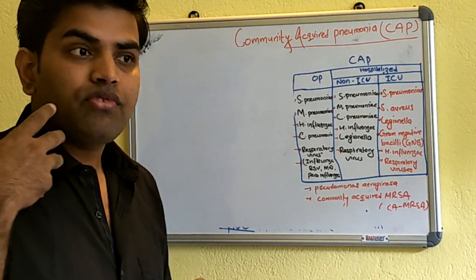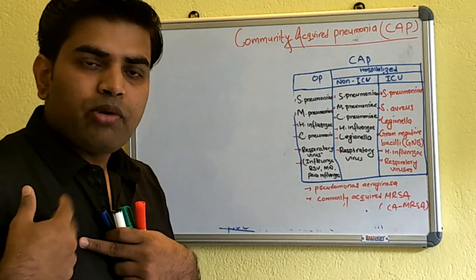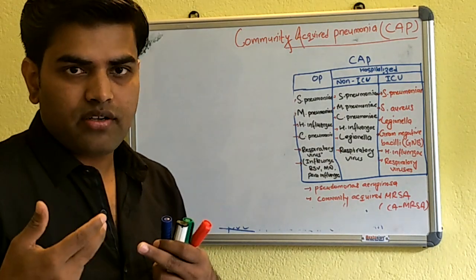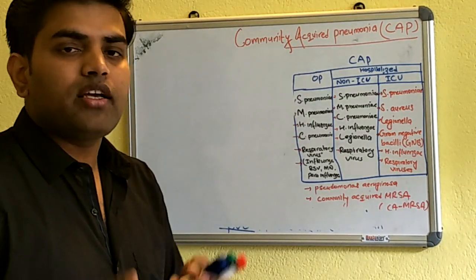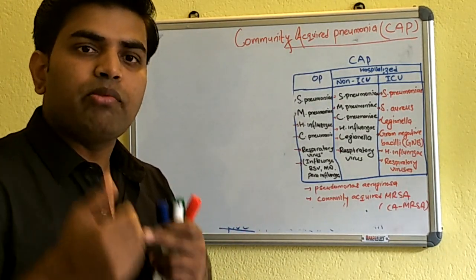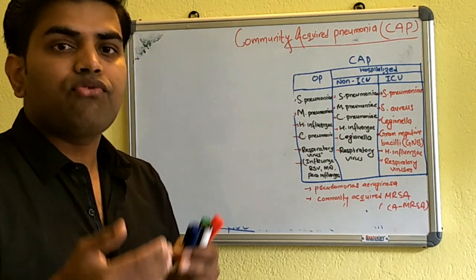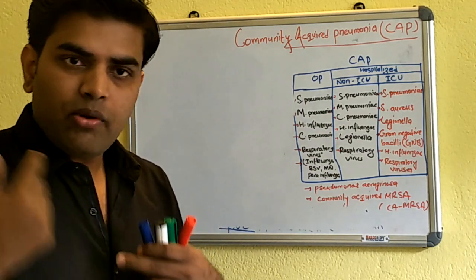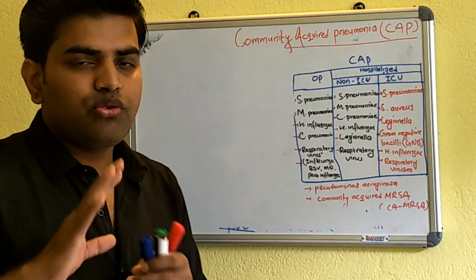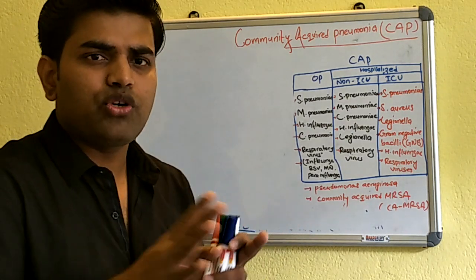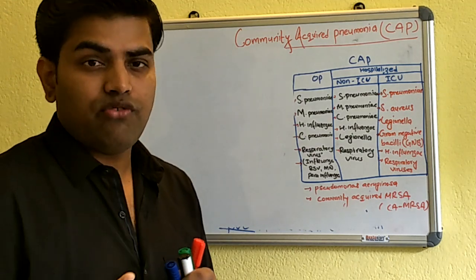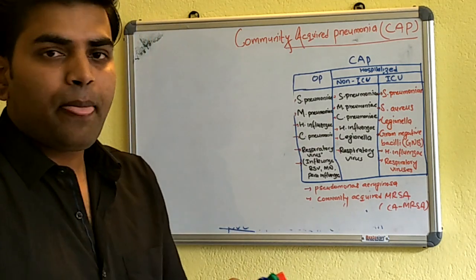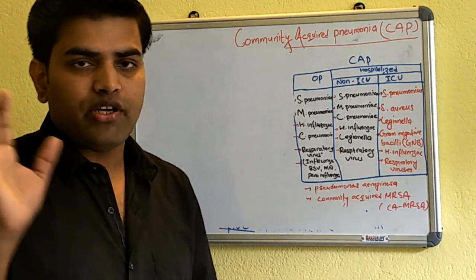Normally when you percuss, the sound is resonant, but in pneumothorax it will be hyperresonant. In consolidation, it will be woody dull. In pleural effusion, it will be stony dull. So don't get confused between woody dull and stony dull. Just dull in pneumonia and pleural effusion, but in pneumothorax it will be hyperresonant.